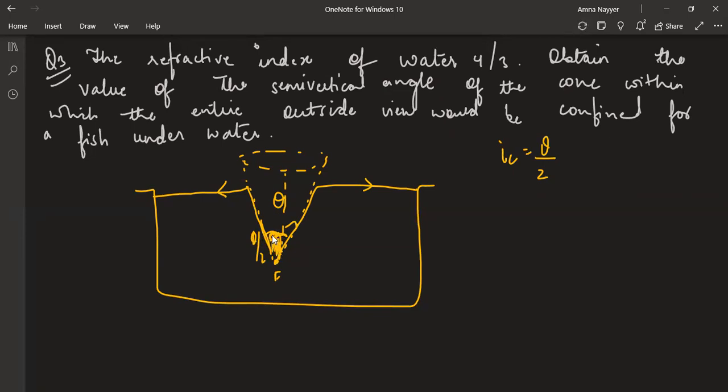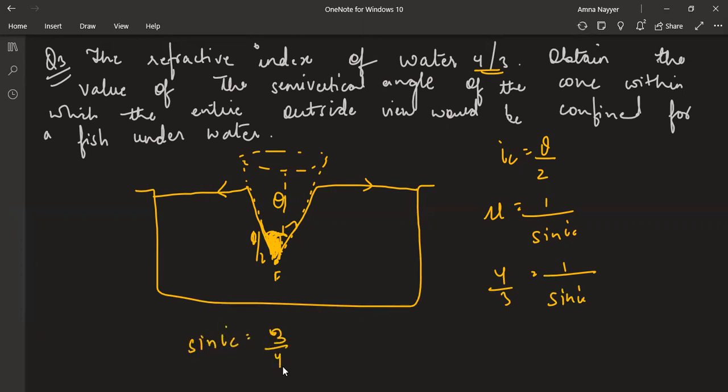So the refractive index will be 1 by sine IC, and refractive index is given 4/3. So 4/3 is equal to 1 by sine IC. So sine IC will become 3/4, which is 0.75. So how much will be the critical angle?